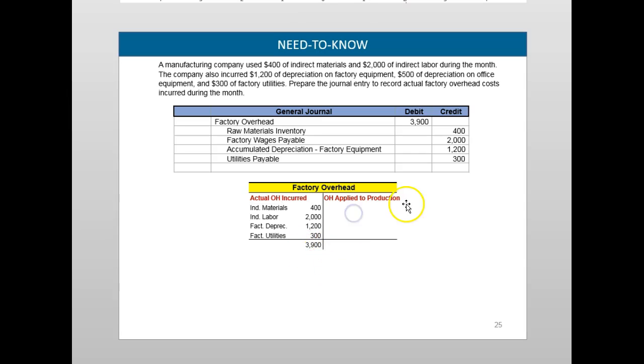Now, not knowing what we have applied, I'm going to say, what happens if this shows up that we've applied $4,000 worth to the job sheets? Well, that would mean I've only had $3,900. So applying $4,000 to $3,900, I've overcharged $100, and I would have to make this account equal 0.